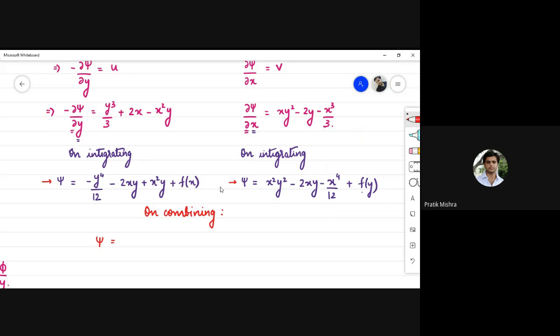What all terms are common here that you need to see. तो सबसे पहले जो टर्म कॉमन है दैट इज एक्स स्क्वायर वाई स्क्वायर, ये दोनों कॉमन है. इन दोनों एक्सप्रेशन में ये टर्म कॉमन है. तो सबसे पहले आप ये टर्म लिख दीजिए एक बार, एक्स स्क्वायर वाई स्क्वायर.